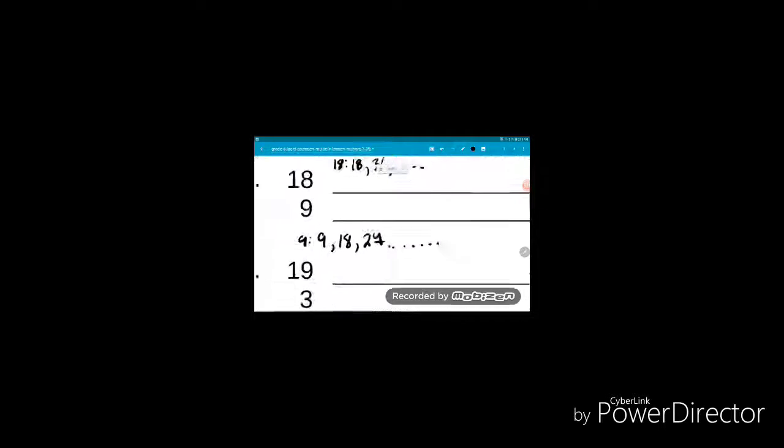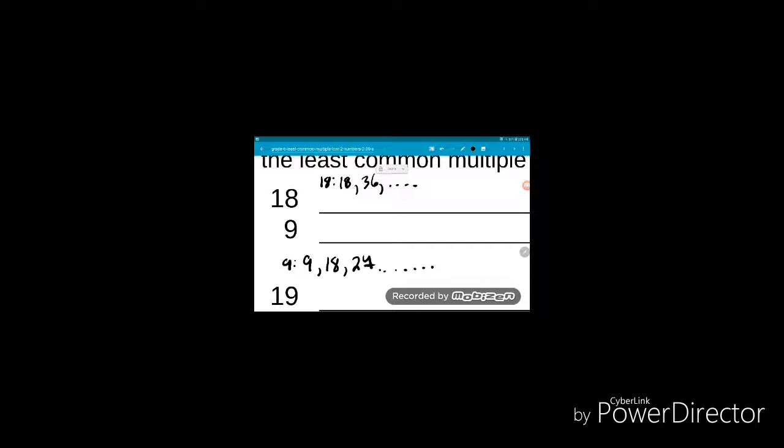Now looking at these two numbers, 9 and 18, what is the smallest number they have in common? The 18. So the 18 is the least common multiple. For 18 we have 18, 36.